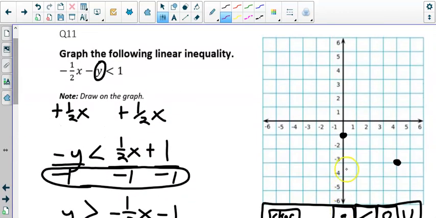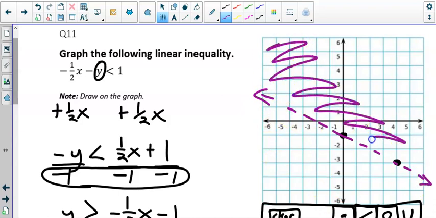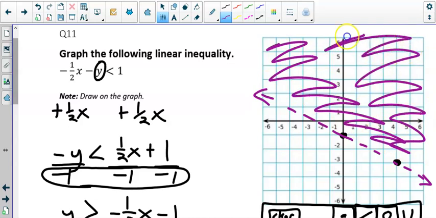So if I come over here, this is actually what your line will look like. You already know where all the shading is going to happen. And the shading happens all up here, right? And there you go. Okay?